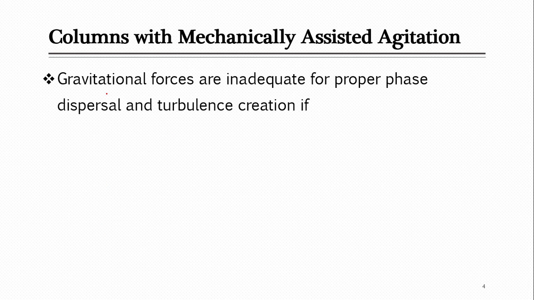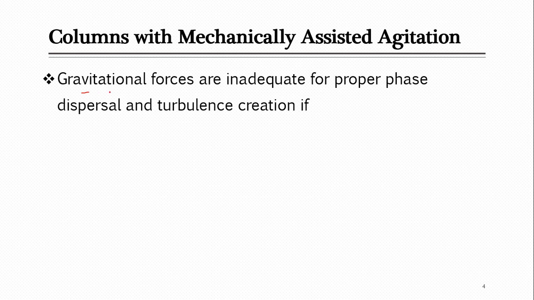But sometimes these gravitational forces are not sufficient. Why are they moving in opposite directions? We are just bringing them in contact, and they have different densities. There is a density difference, and due to this the lighter one will move to the top and the heavier one to the bottom, and this is due to gravity.